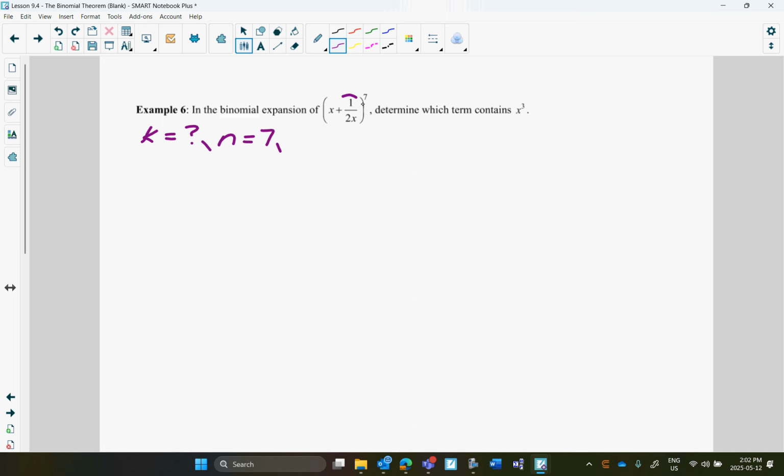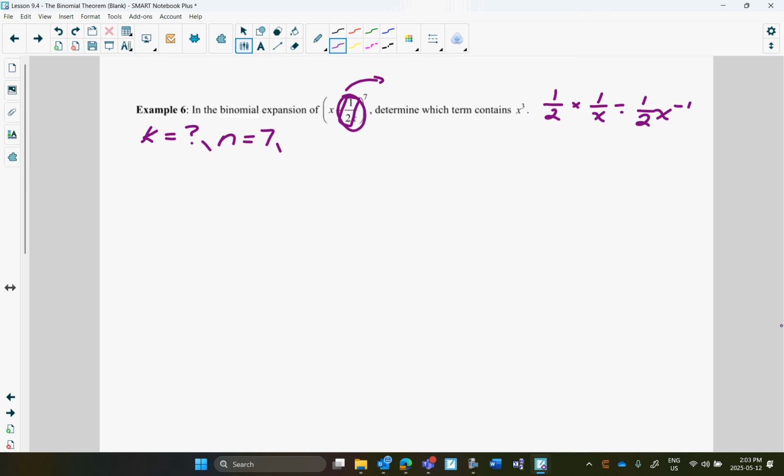Now, we got a fraction here. What's that? No, I can't move the 2 up. Like this is 1/2. This is the same as 1/2 times 1 over x. Only this changes to a negative exponent. So it becomes 1/2 x to the negative first.